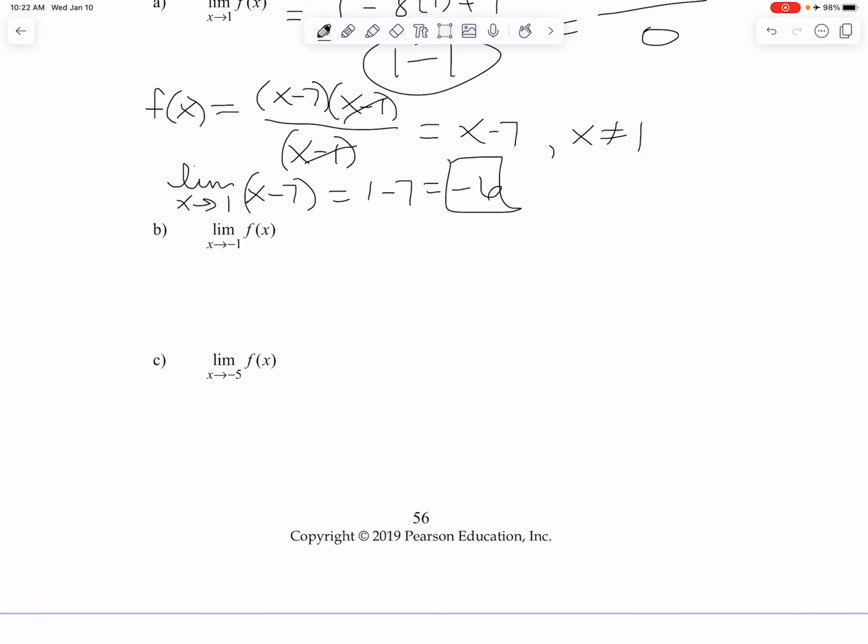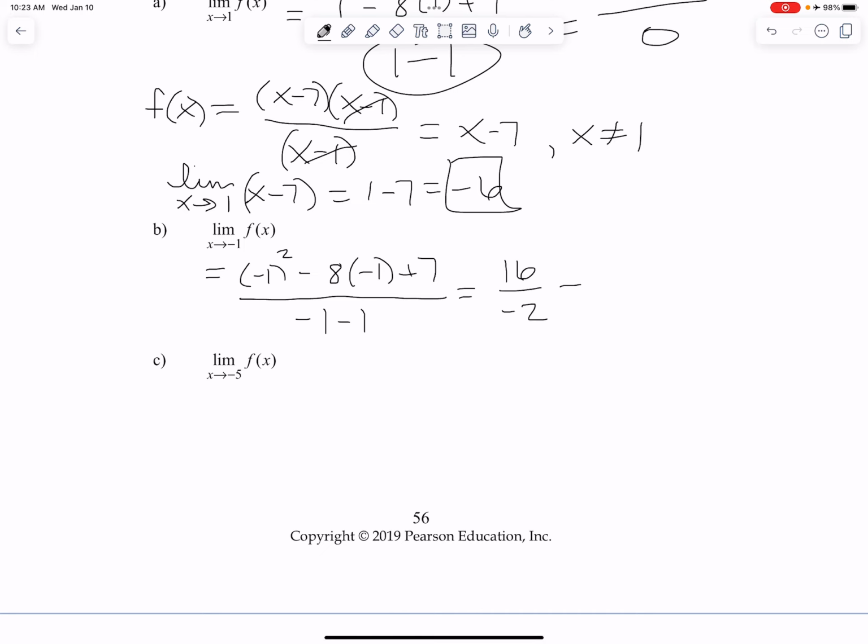We've got -1 squared minus 8 times -1 plus 7, denominator, -1 minus 1. So this is going to simplify if we do our multiplications and our additions and subtractions. 16 over -2, and that's going to simplify to -8.